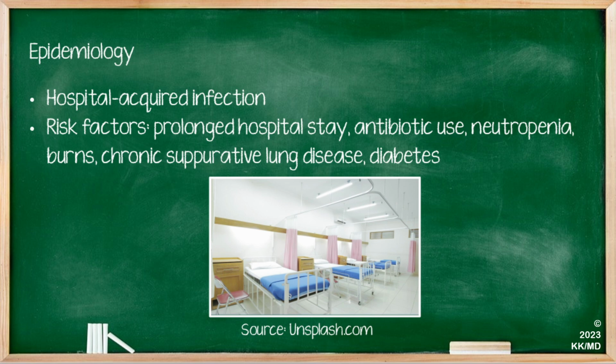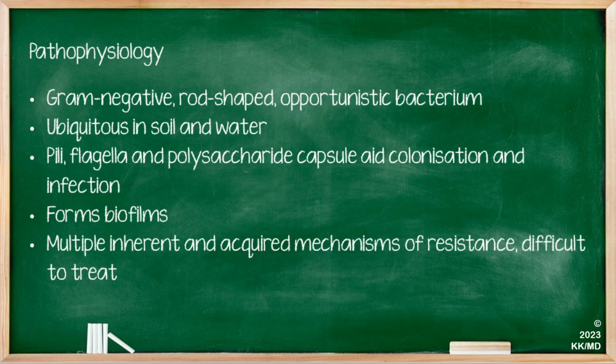The risk factors include prolonged hospital stay, antibiotic use, neutropenia, burns, chronic suppurative lung disease such as bronchiectasis, and diabetes. The pathophysiology of Pseudomonas aeruginosa is that it is a gram-negative, rod-shaped, opportunistic bacterium. It is ubiquitous in soil and water.